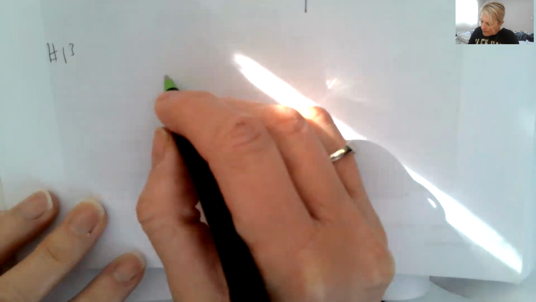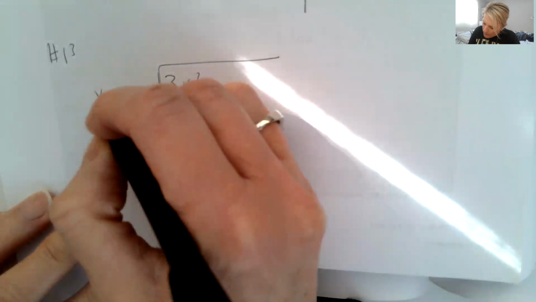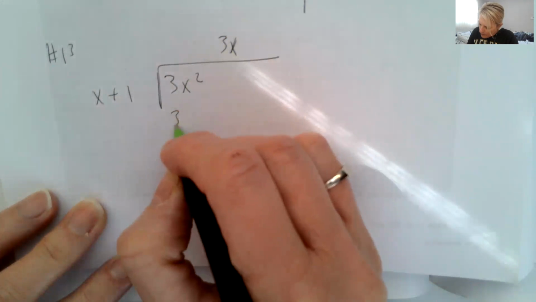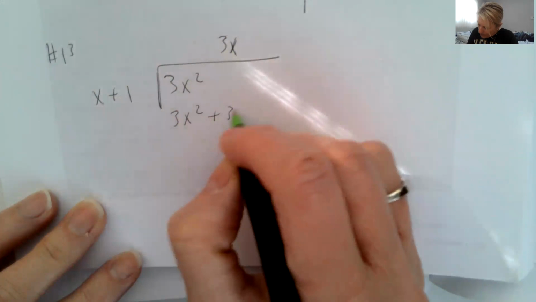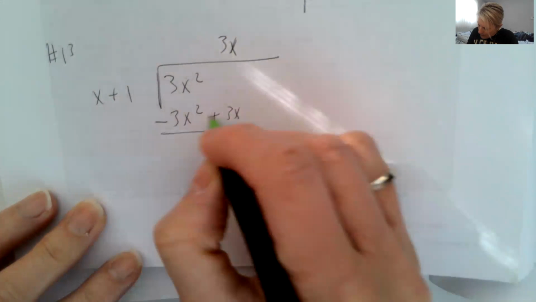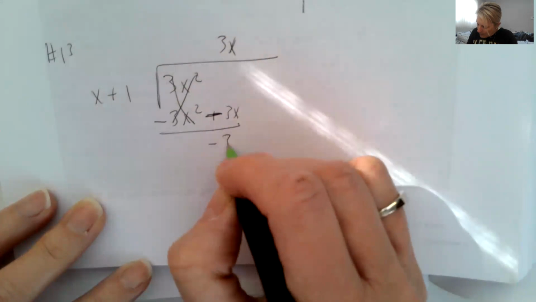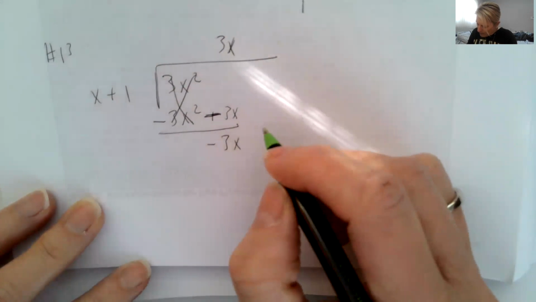So if we take that number 13 and just figure out what we were looking at, 3x squared, if we long divide that by x plus 1, we'll have to multiply by a 3x. So this would be 3x squared plus 3x. Subtract, subtract. Those cancel. A negative 3x remainder.